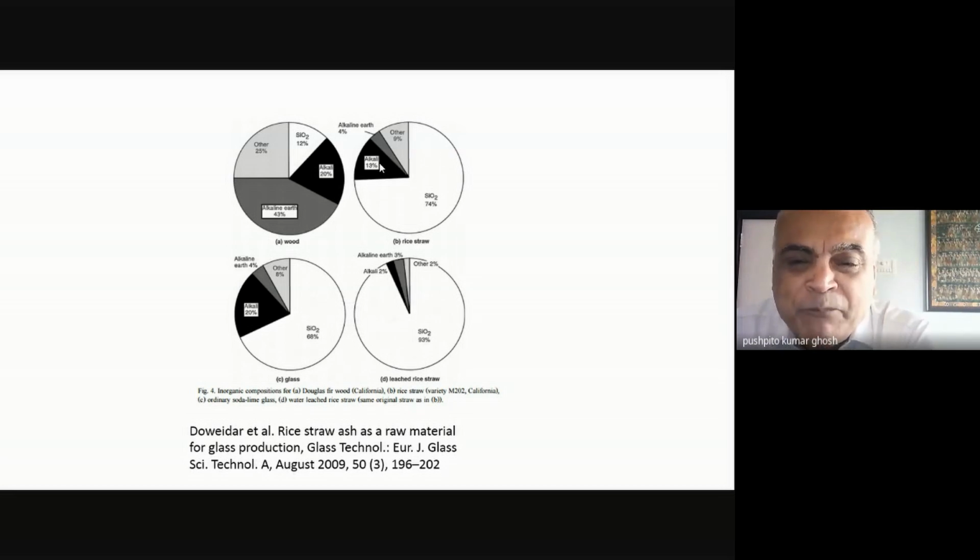You just top up with whatever is deficient, and that's the way you will reach the right composition. Because after all, these are going to be melted, so there will be a uniformity of mixing when these things are molten. It's not as if they have to be perfectly exact. So long as the bulk of it is coming from this, I'll just top it up with whatever I require. All clear?